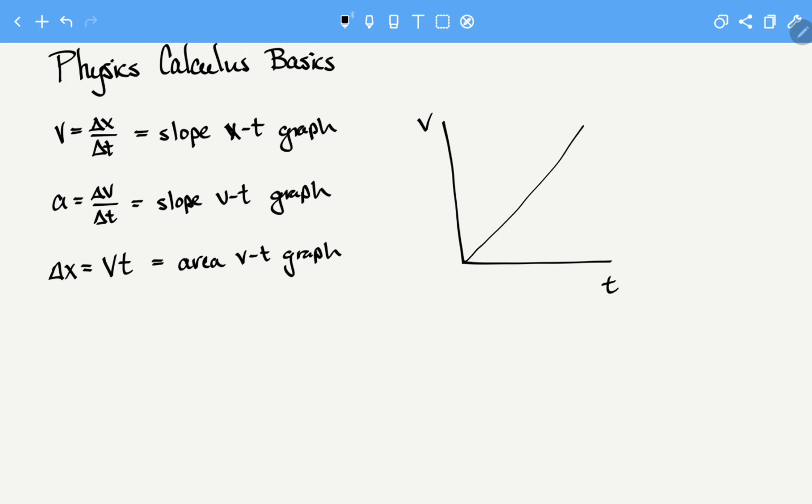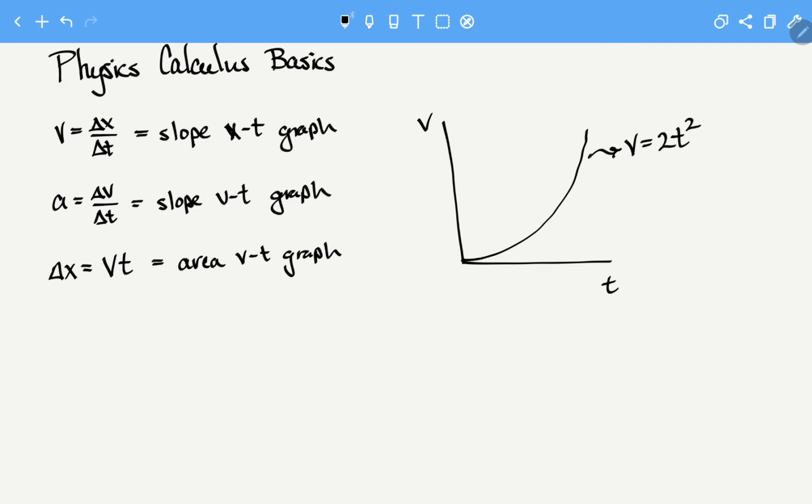But if you're taking AP, it's probably not going to be a straight line. It's really not. So let's get rid of that. Let's just do a real basic example here. Let's pretend that we have a nice upwards curve, and that this curve is described by the equation v equals 2t squared.